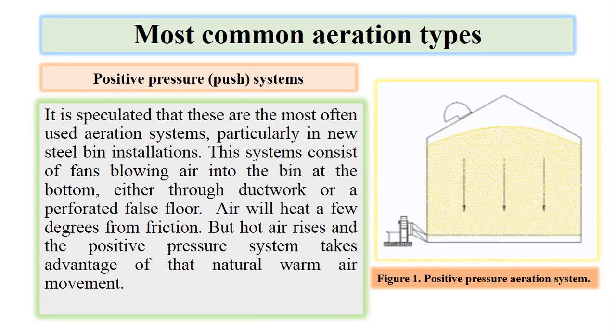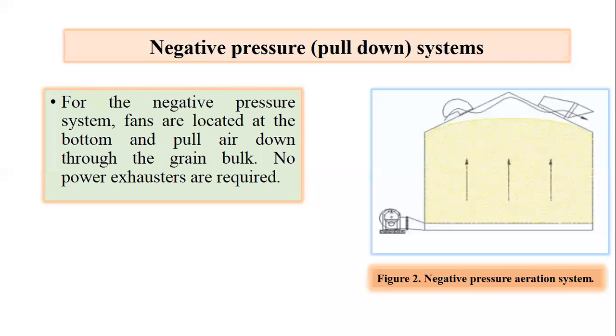These systems consist of a fan blowing air into the bin at the bottom, either through ductwork or a perforated false floor. Air will heat a few degrees from friction. But hot air rises, and the positive pressure system takes advantage of that natural warm air movement.